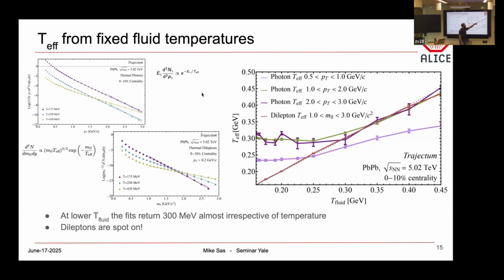Here the dotted line is y equals x, and the lines are what we find in the model experiment, as if it's an experiment. First we run it once, fixing this temperature. Then we run it again at another temperature, and so on. So this dotted line is 300 to 300, and 400 to 400.